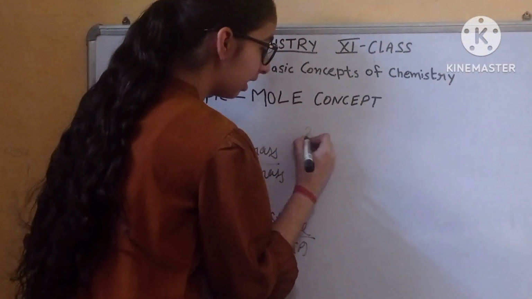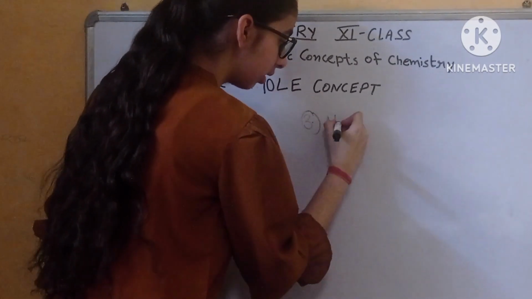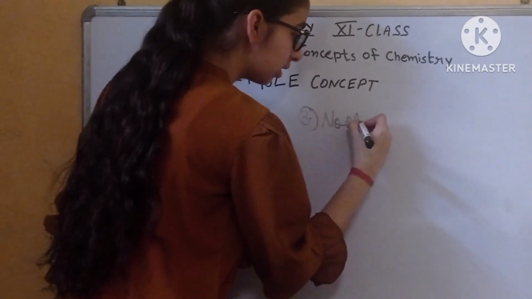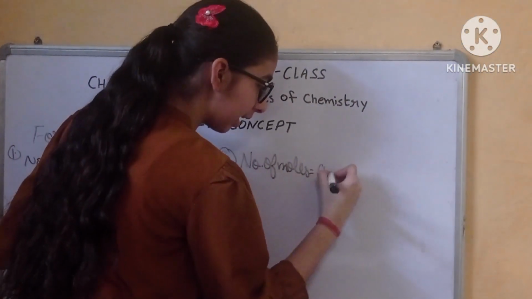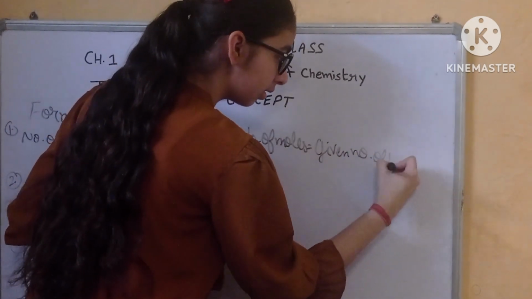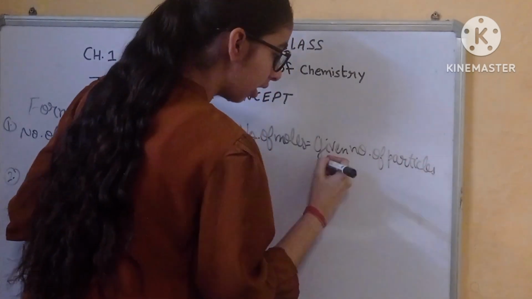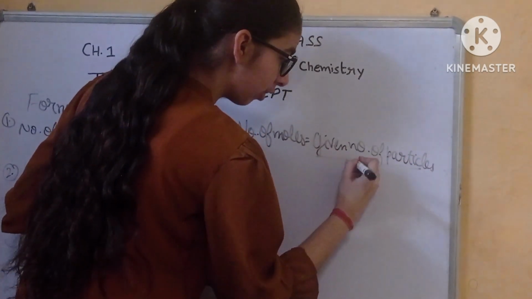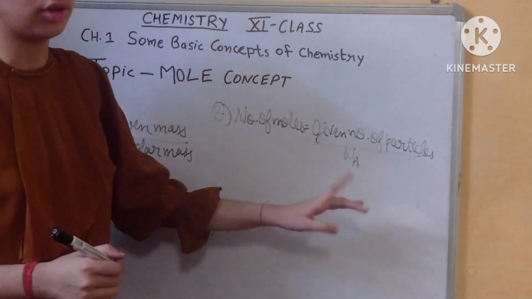Our third formula is number of moles is equal to given number of particles upon Avogadro number. Avogadro, Na, you can write Na or N0.